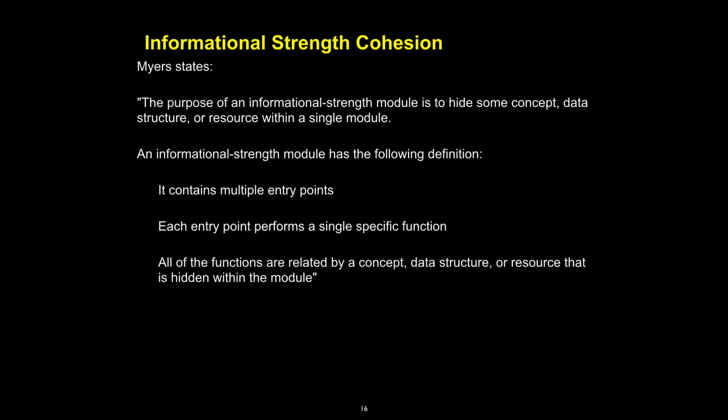Then you've got multiple entry points. Functions usually only have one entry point. Coroutines can have multiple entry points, but they're rare. Each entry point performs a single function, which in a class means a method that performs a single operation. And all functions are related by a concept or data structure, a resource that's hidden.